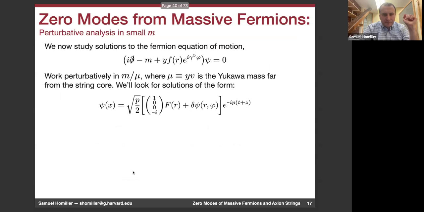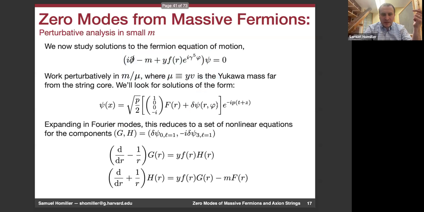Okay. Now I'm going to first do a perturbative analysis of the equations of motion for small values of m, and study the solutions to see if these zero modes continue to exist. So if I work perturbatively in this small parameter m over mu, where again mu is the Yukawa mass far away, here's my equation of motion with the additional mass term. I look for solutions just like before, but with a small variation.